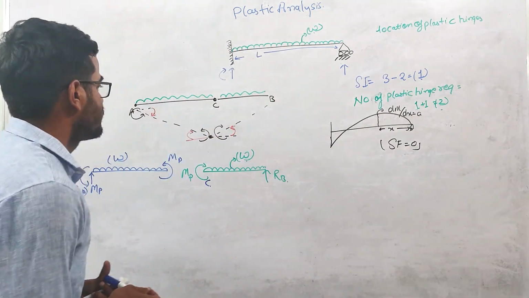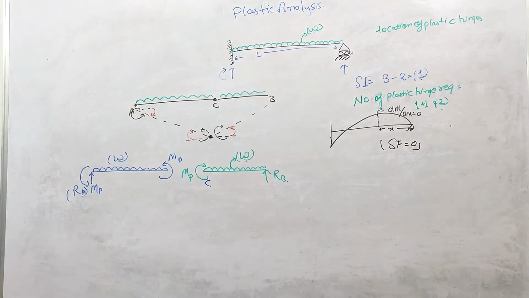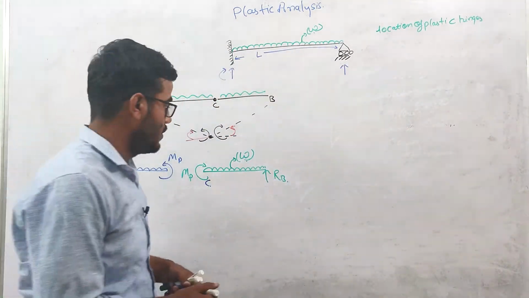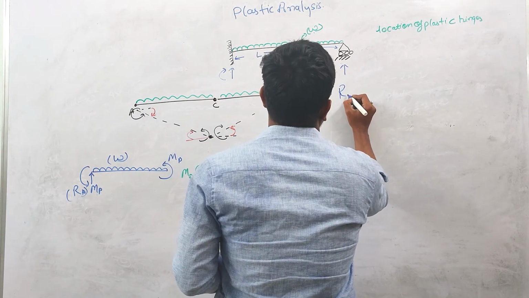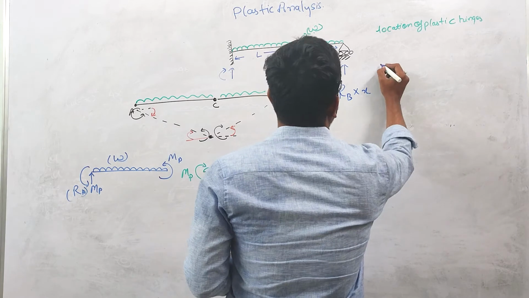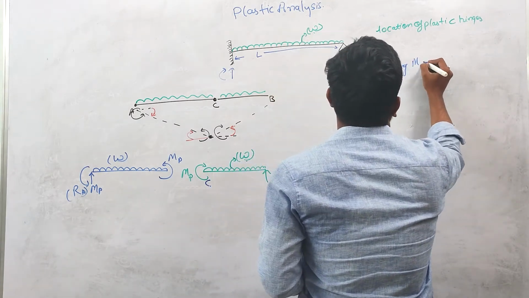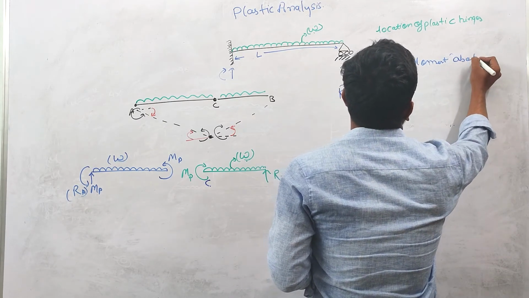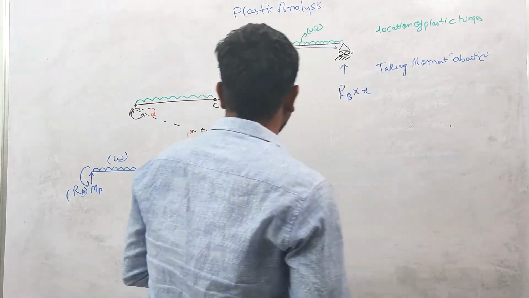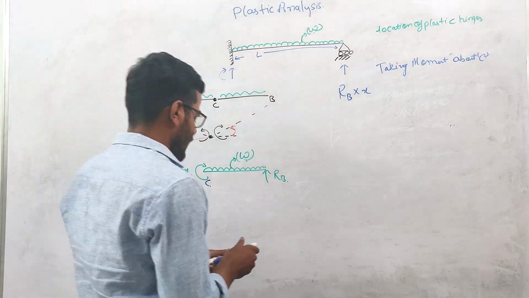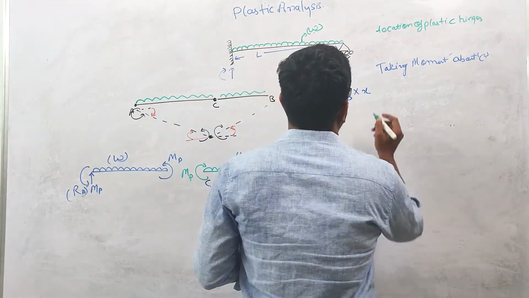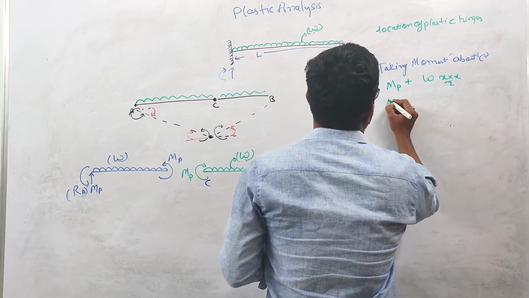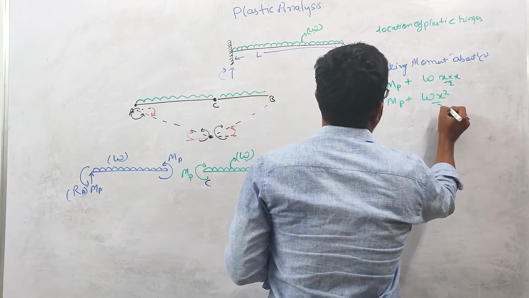Okay, so now if you calculate RB, first RB into x, taking moment about point C equal to 0, I can write RB into x equals MP plus W into x by 2, that is MP plus Wx square by 2, right?